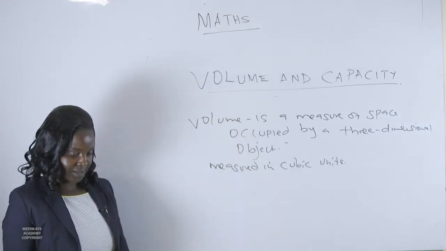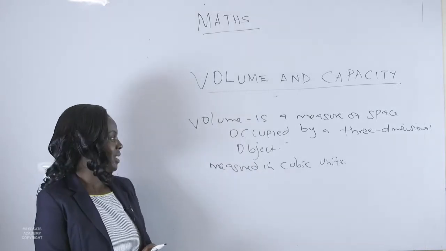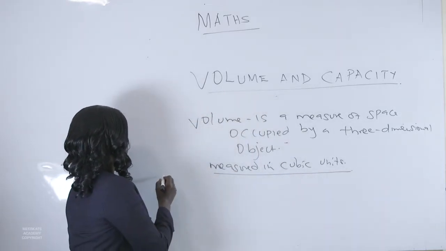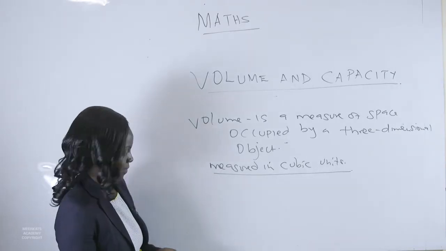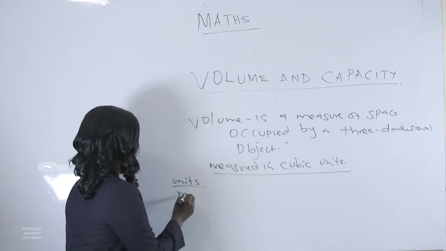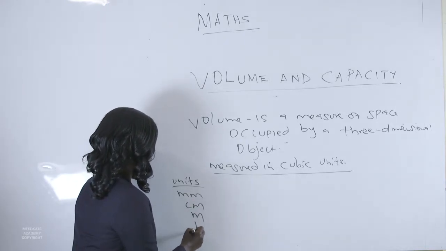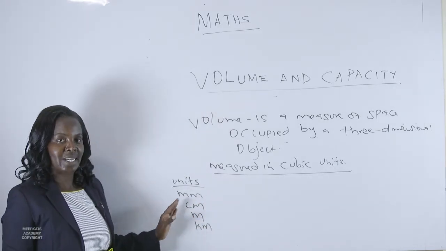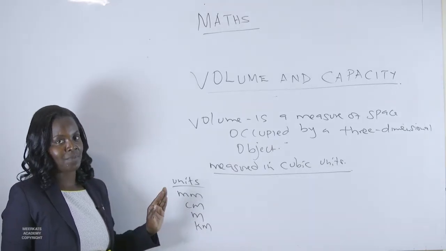Measured in cubic units. What do we mean by cubic units? We know that length is measured using a meter. And the common units that we normally use to measure length are millimeters, centimeters, meters, and kilometers.